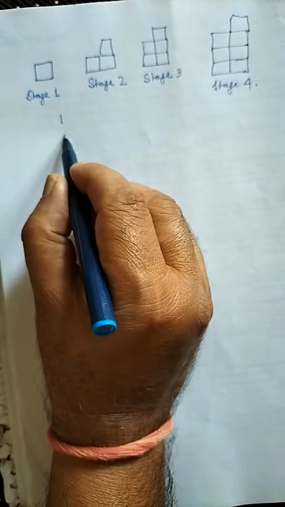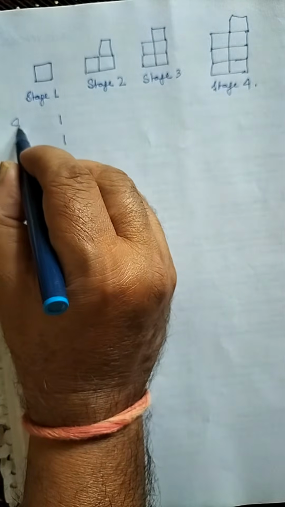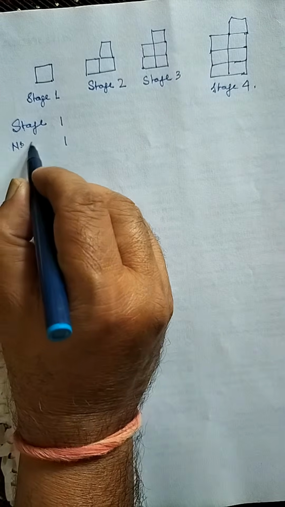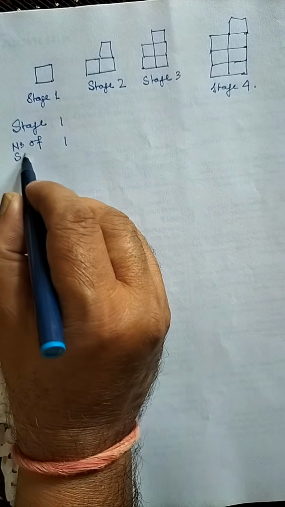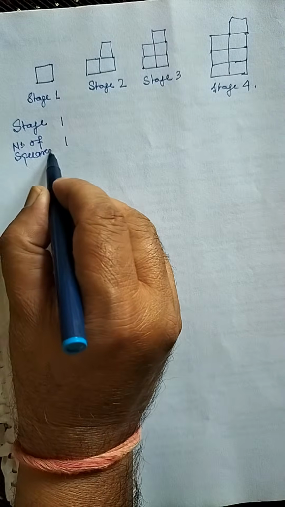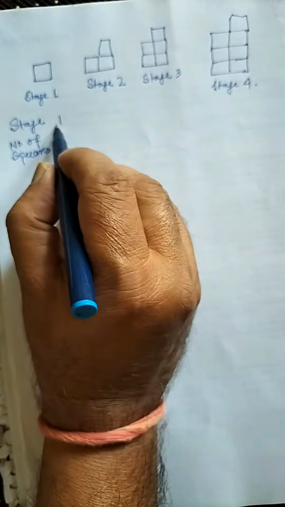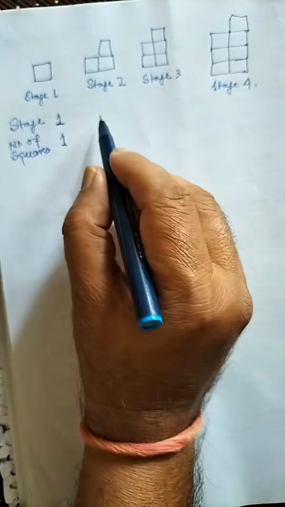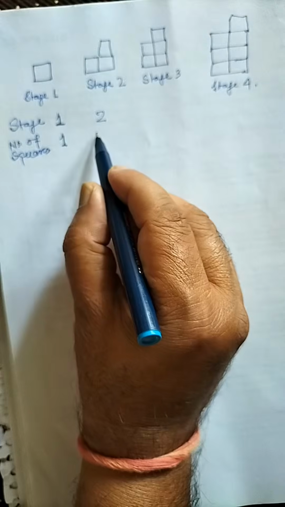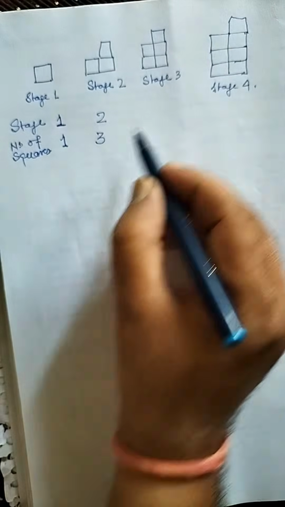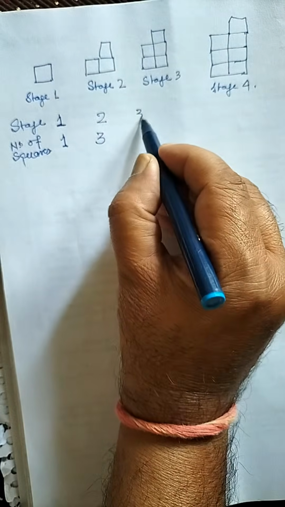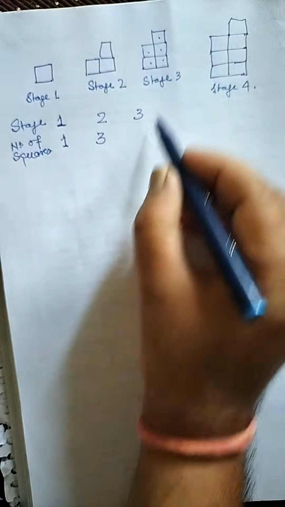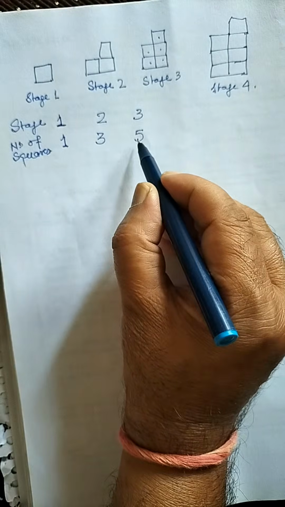Now see, if I compare the number of squares and the stage. In the first stage, I have 1 square. In the second stage, we have 3 squares. In the third stage, we have 1, 2, 3, 4, 5, so totally 5 squares.